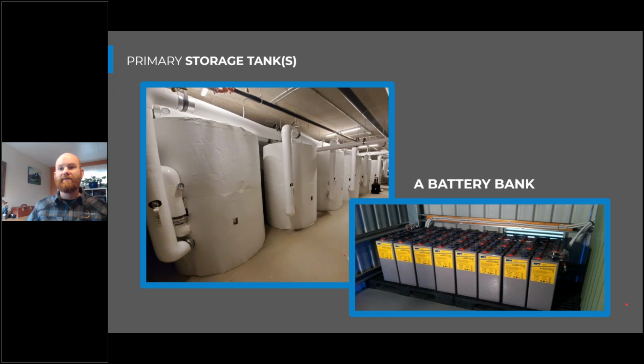And so in a photovoltaic or solar off-grid system, we can offset the amount of energy we're creating with the amount of energy we're storing. And we can do that in the same way with our hot water system. We can trade off between the heat capacity or the recovery rate of our heat pump and how much storage we have.